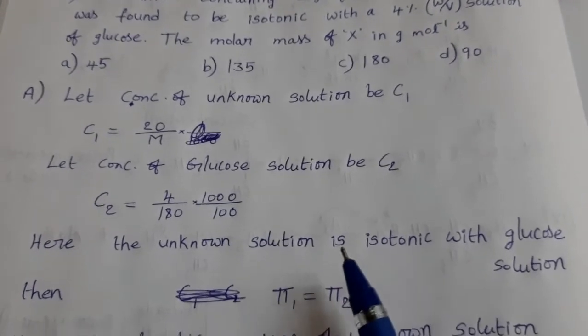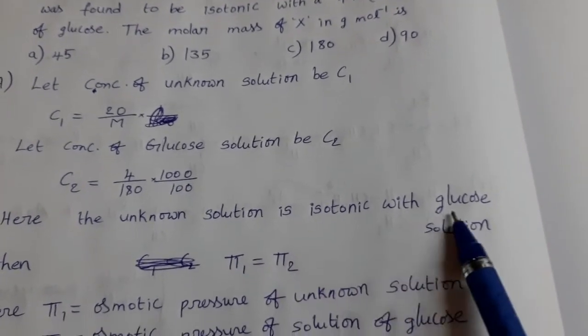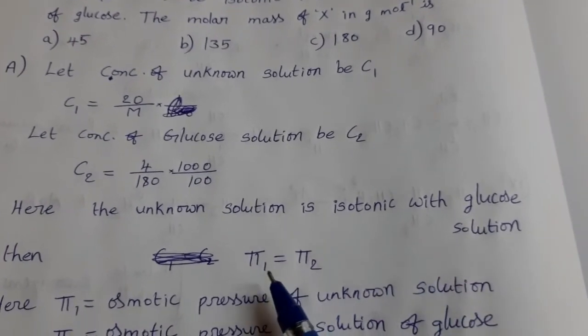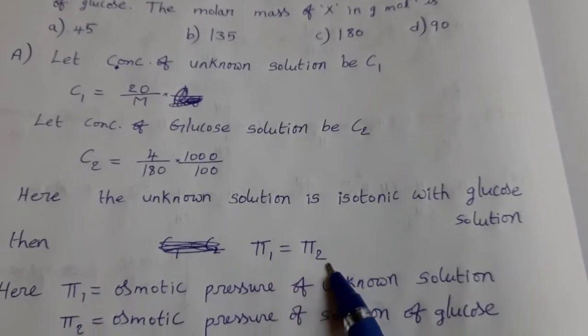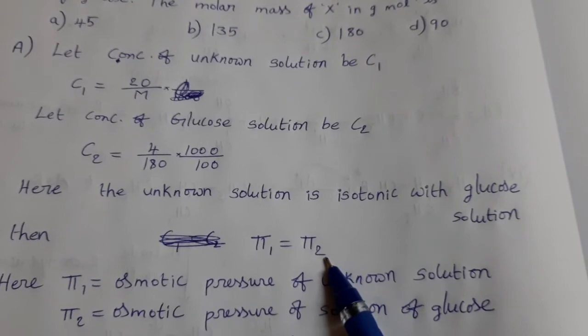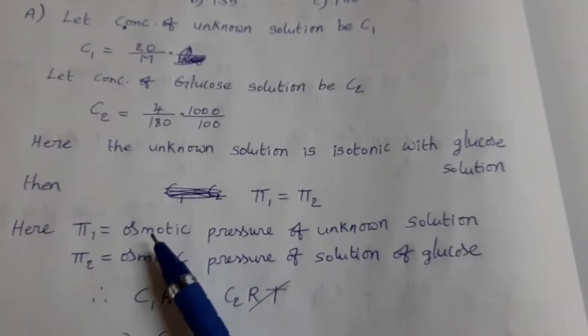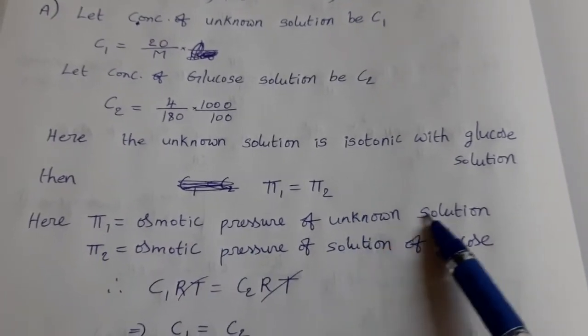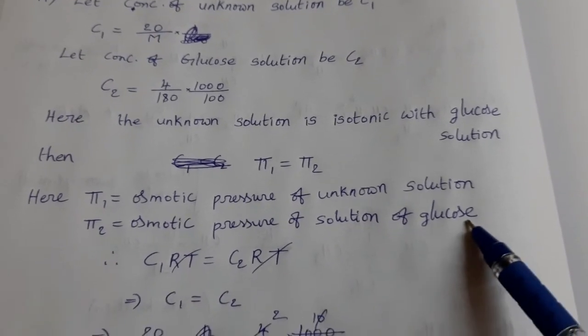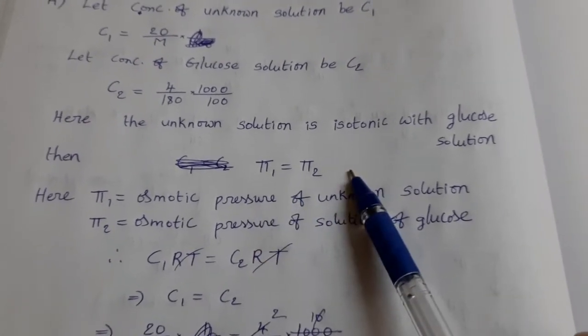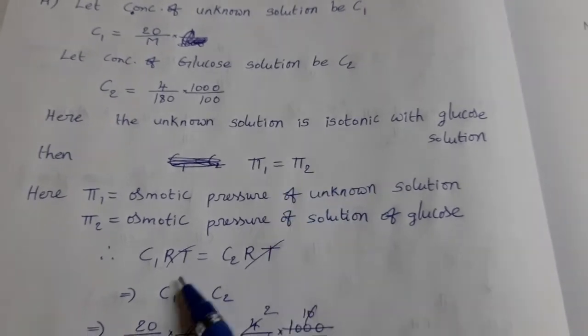Now the condition is the unknown solution is isotonic with glucose solution. That means the osmotic pressure of the unknown solution pi 1 is equal to the osmotic pressure of the glucose solution pi 2. These two are equal, so what is the formula? Pi equals CRT.